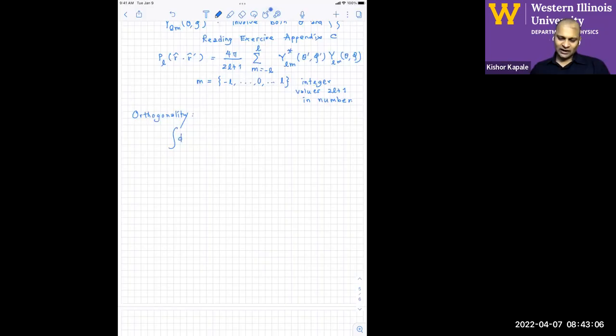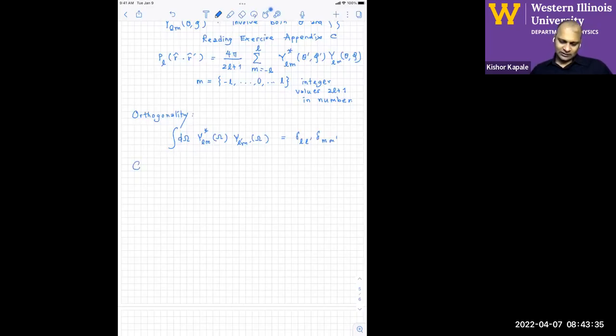It's essentially a solid angle integral d omega YLM star as a function of omega, YL prime m prime as a function of omega. That's going to be equal to delta L L prime, delta M M prime. That means you need both of them to be the same, L and M. Only then you're going to get a non-zero value.